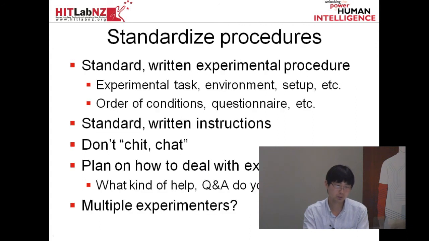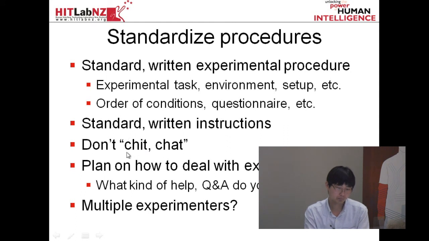The other way to avoid these problems is standardizing the procedure. By standardizing, we mean writing down how you will run each of the participants and how you will treat the participants, in what way, what order, and so on. So you basically write down the whole experimental procedure and you stick to that plan when you run each of them.